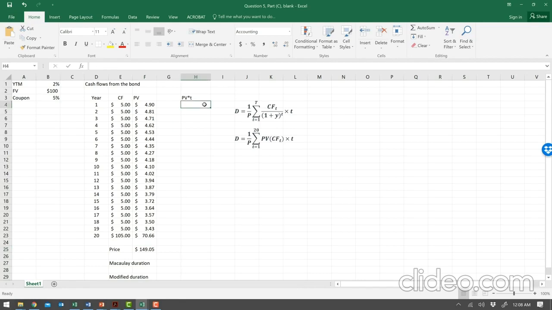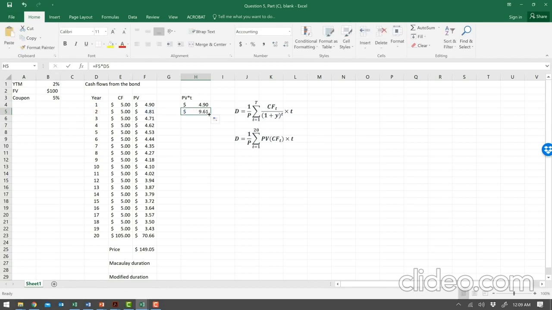So here is exactly what I will do. I will take the present value that we just computed for the first payment and multiply it by the year when this payment occurs. In this case, it's year 1. You can see that in year 2, I will be taking the present value of the second payment and multiplying it by the year when it occurs, again, year 2.